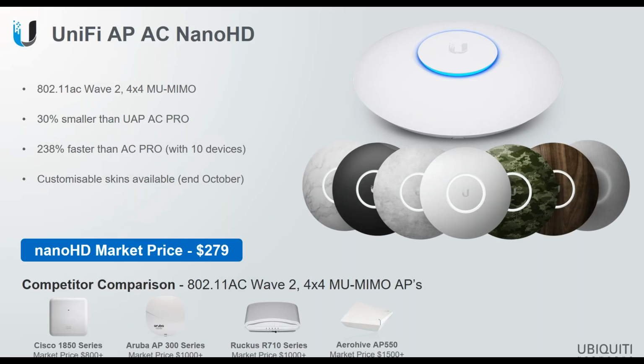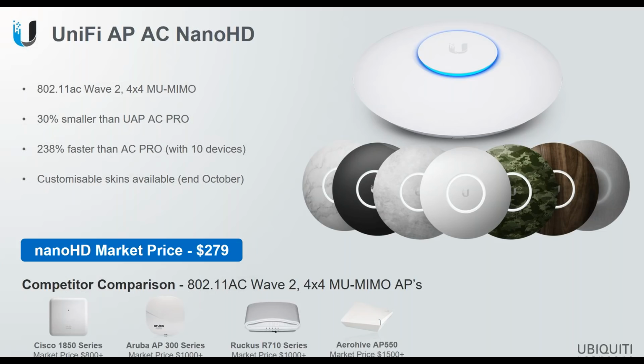So if we were to look at competitors, for this example I'm just looking at the base AP in each competitor that supports 4x4 MU-MIMO. So we've got the Aruba AP-310 series, the Cisco 1850, the Aerohive AP550, Ruckus R710.